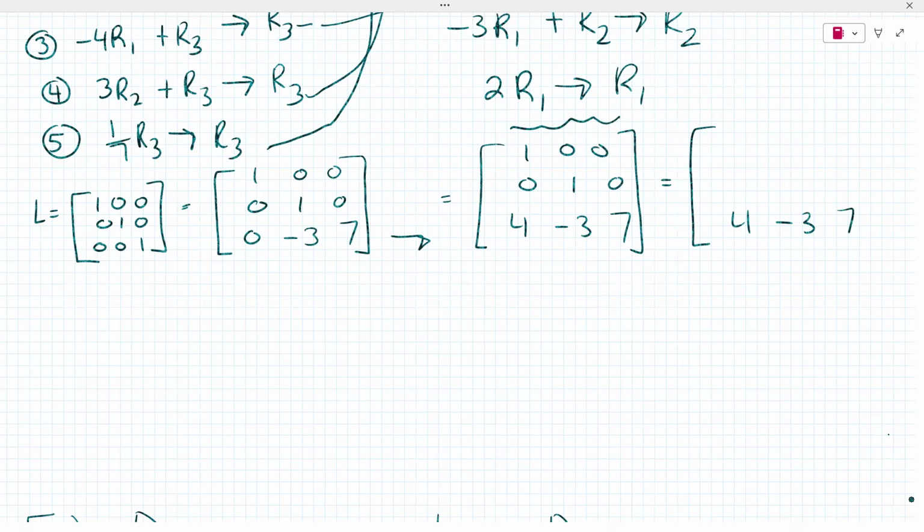Okay, so the next new matrix should be 1 0 0, -3 1 0.